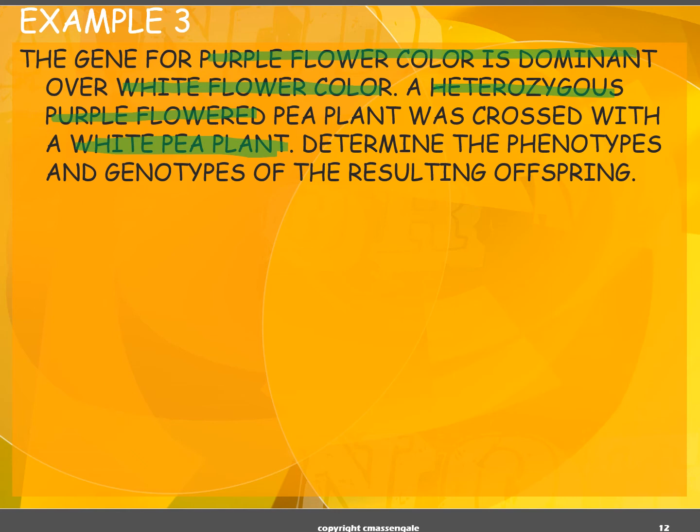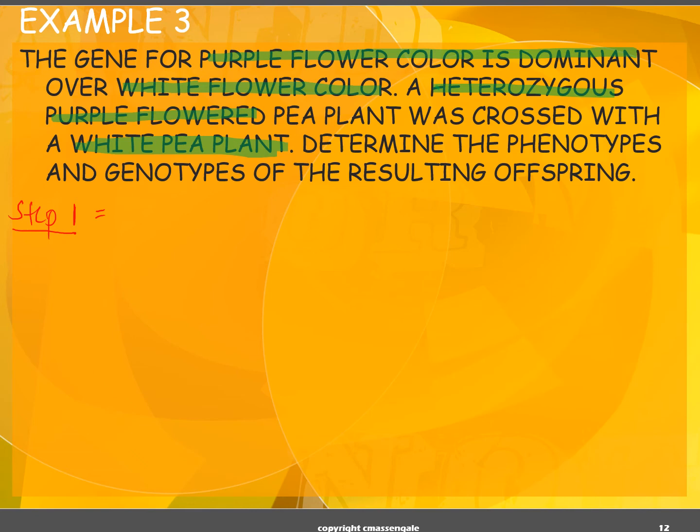Now, let's do our steps number 1 to 7. Step number 1, we will assign the letter legend. We will still use capital P, or maybe we could use different letters. Gamit tayo ng ibang letter kasi kanina pa tayo gumagamit ng P. Any letters will do, as long as tama yung representation ni dominant at ni recessive.